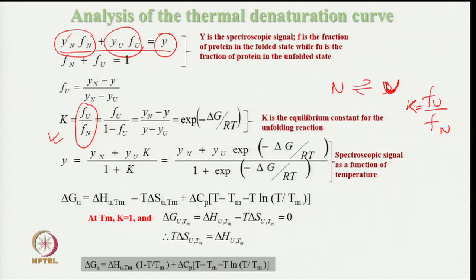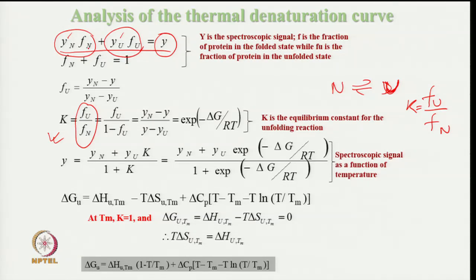What is Yn? Yn is the fluorescence intensity when Fn is equal to 1, while Yu is the fluorescence intensity of the unfolded form when Fu, which is the fraction of unfolded form, is 1.